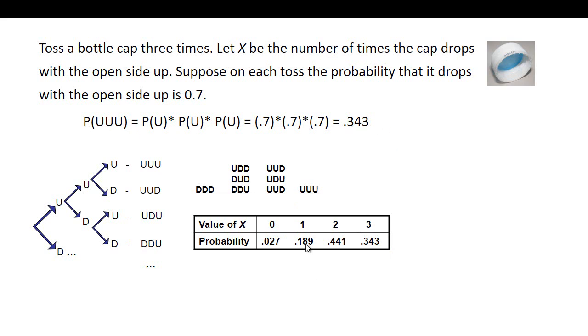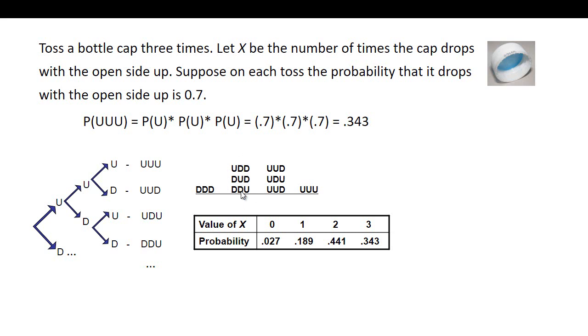And you can check the probability of getting 1. The probability that x is 1 means the open side is up only once out of the 3 tosses. So that is represented by these 3 outcomes.